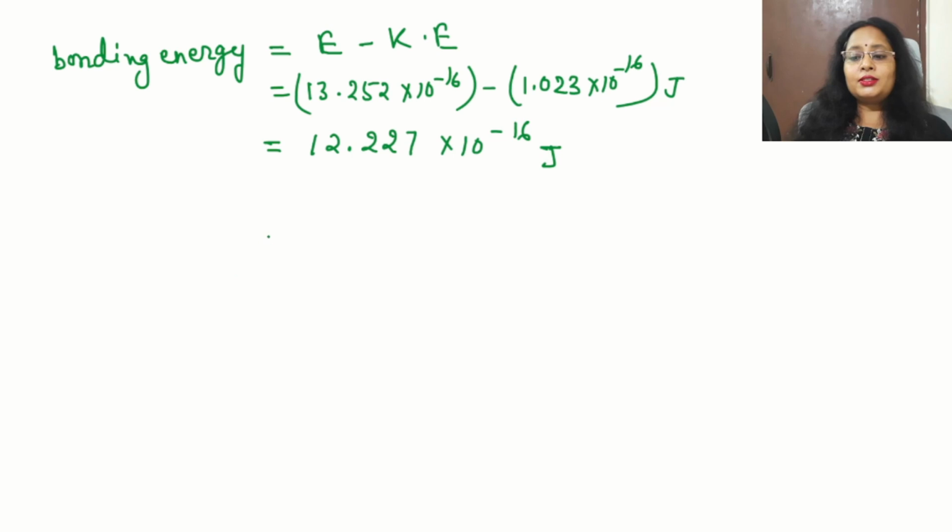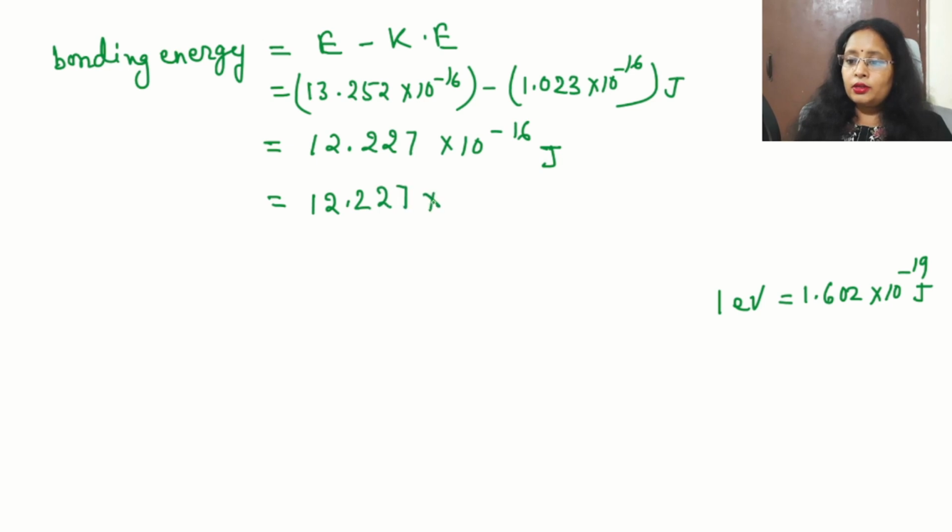Now we can convert this into electron volt also. For this, we need to know 1 electron volt is equal to 1.602 into 10 to the power minus 19 joules. So we divide joule into electron volt: 12.227 into 10 to the power minus 16 divided by 1.602 into 10 to the power minus 19.